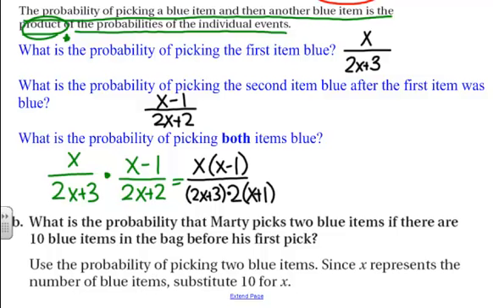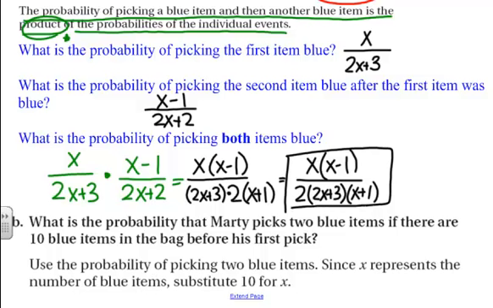Nothing crosses off though, so I'm going to rewrite this so it looks a little prettier. Let's put the 2 out front here, and then we'll have 2x plus 3 times x plus 1. So this is the probability that I pick 2 items that are blue. Pretty messy, but it's going to help us with the next part.